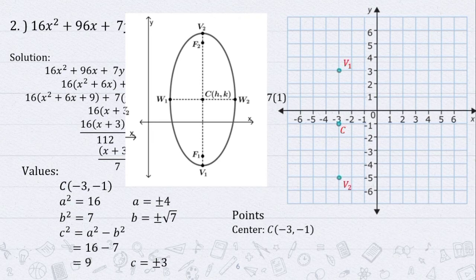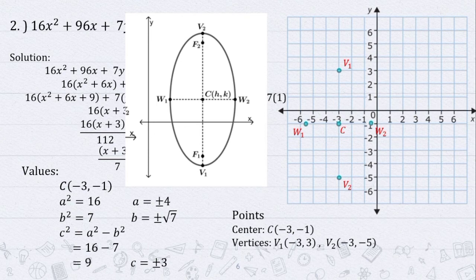Let us now plot our vertices using the value of a. We have here 4 units up and down from our center. Therefore, our first vertex is (-3, 3), and the second vertex is (-3, -5). Let us now plot our co-vertices using our value b. That is square root of 7, which is approximately 2.65.